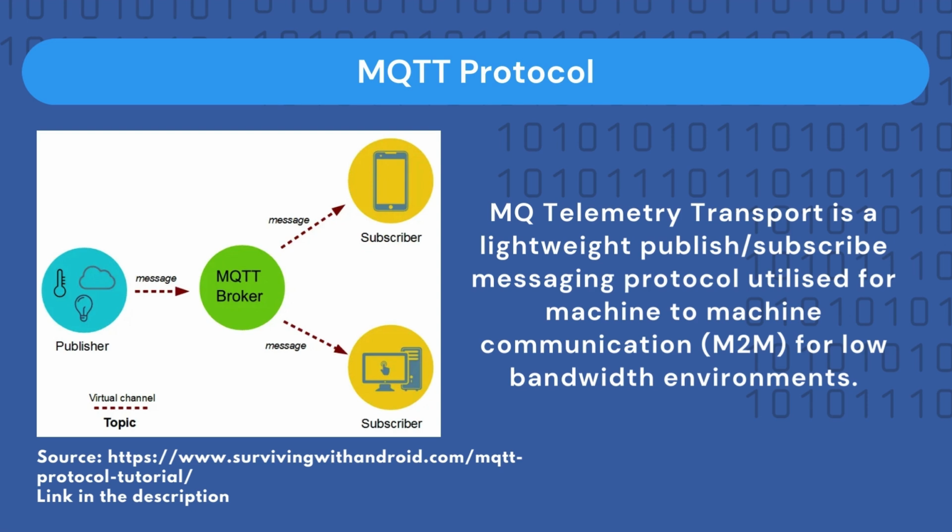And we will decouple them by adding a third component, which is called the message broker or the MQTT broker or MQTT server. And this broker essentially will handle the communication between publishers and subscribers.